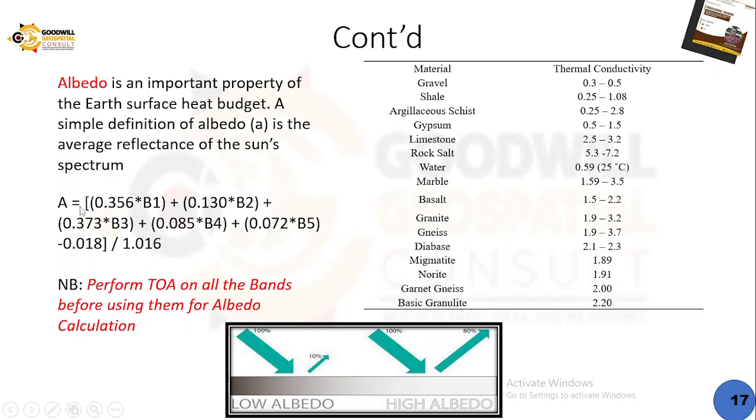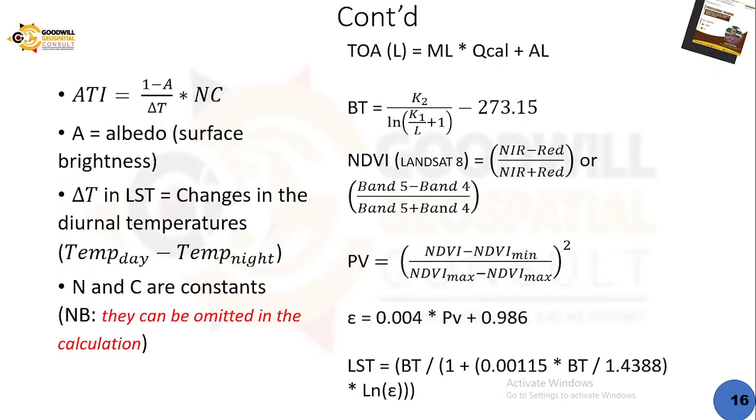We can get them and multiply them by these constants. These numbers are constants. So once you have the Landsat band 1, band 2, band 3, band 4, band 5, you can quantify the albedo. And once you obtain the albedo, you can plug the albedo here, then generate your new apparent thermal inertia map.